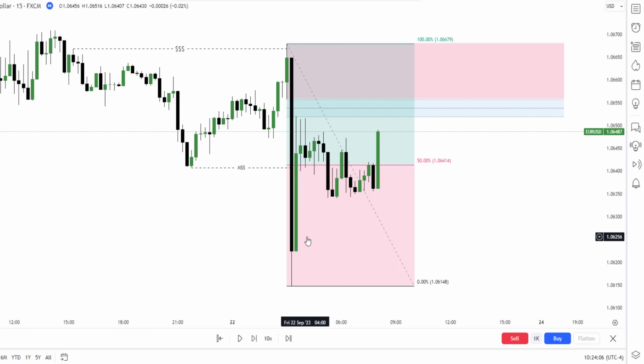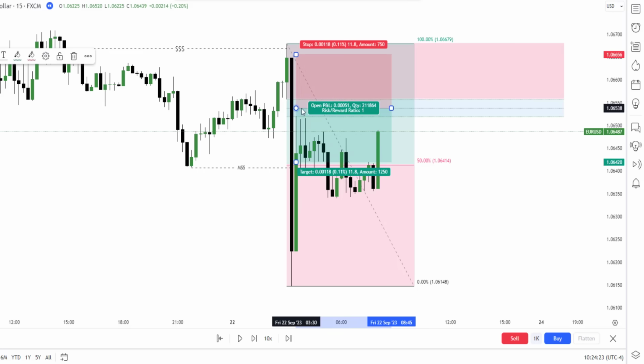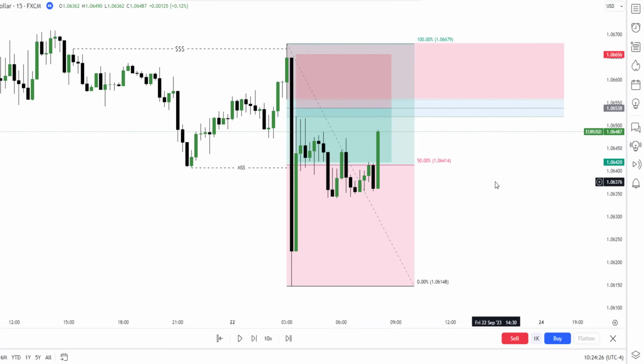And then if you want to take trade, how are you going to take trade? As an ICT trader, as somebody who is advanced in the ICT knowledge, this is what you're going to do. Let me put this right there. I want to take the trade maybe from here, or some people use the tip of this particular fair value gap. All right. And then where is your stop loss going to be?